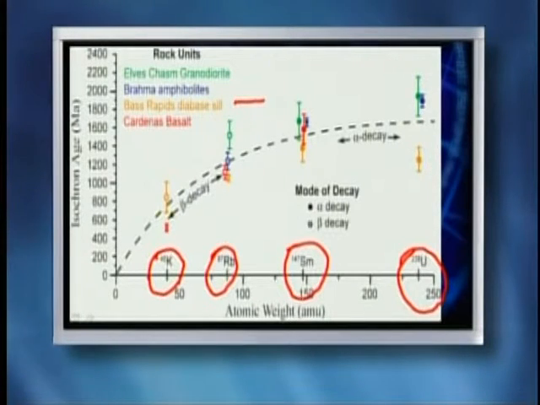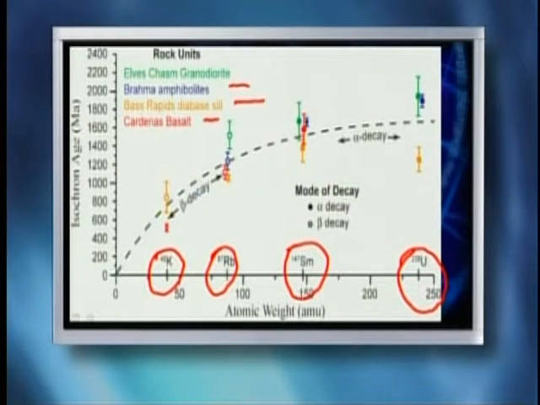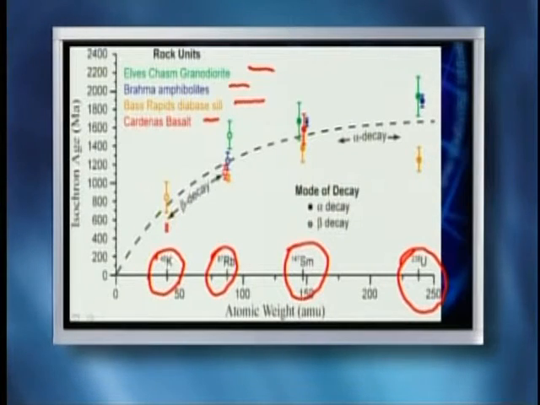The Bass Rapids is shown in orange, or kind of a yellowish color actually. The Cardenas basalt is more of an orangish color. Something called the Brahma amphibolites is shown in blue, and then the Elves Chasm granodiorite, which is down near the western Grand Canyon, is shown in green. So you can see all of those. There are also some other distinctions here.